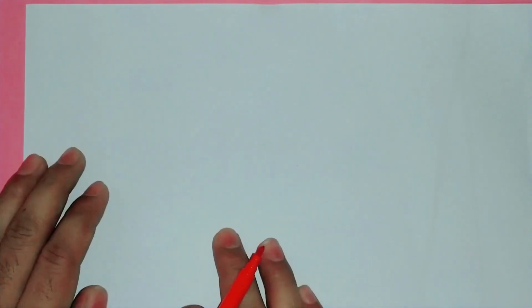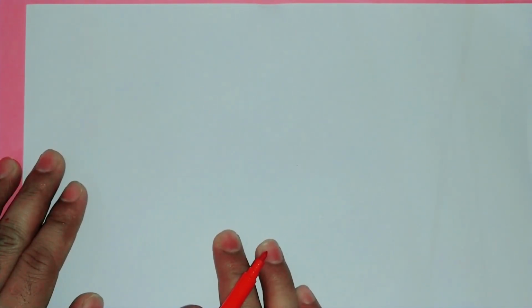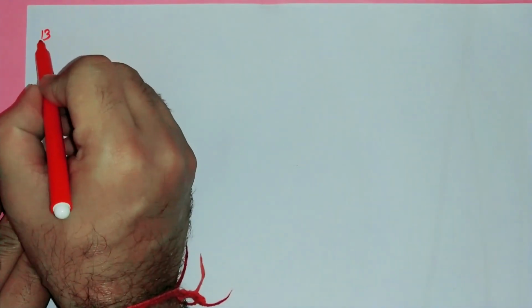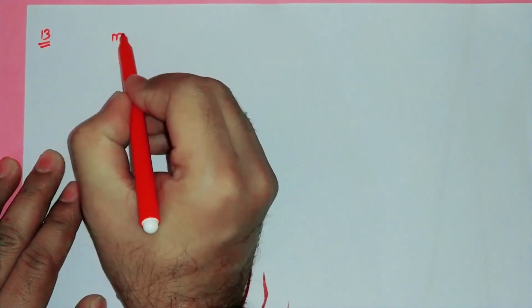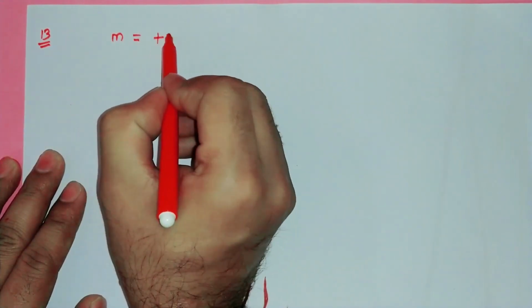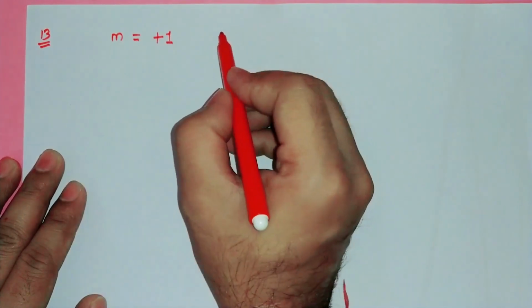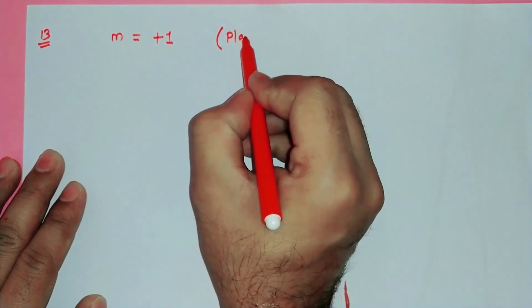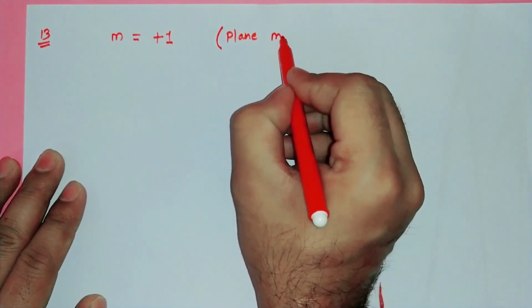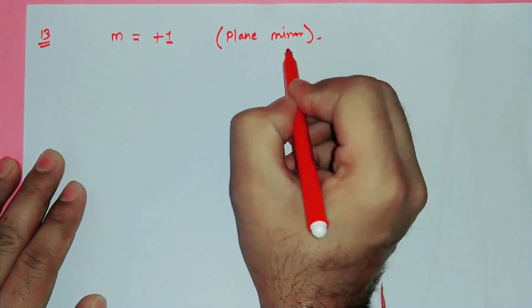Question 13: the magnification produced by a plane mirror is +1. Magnification of +1 is only for a plane mirror. You have to keep in mind, plane mirror. What does it mean?